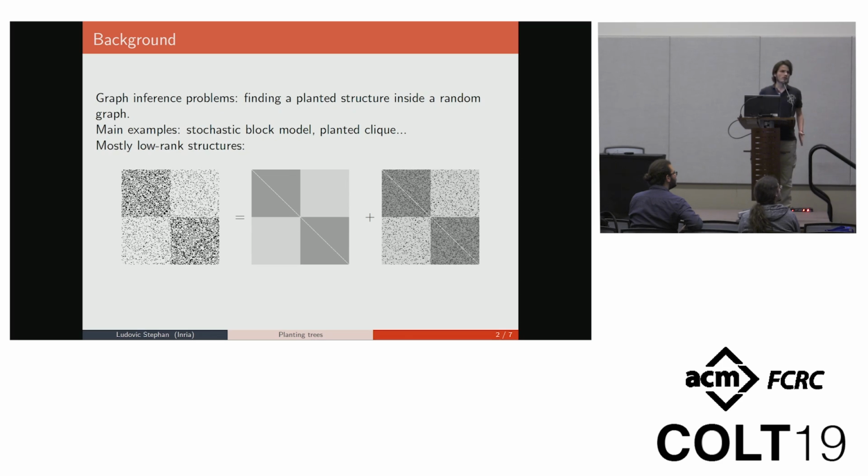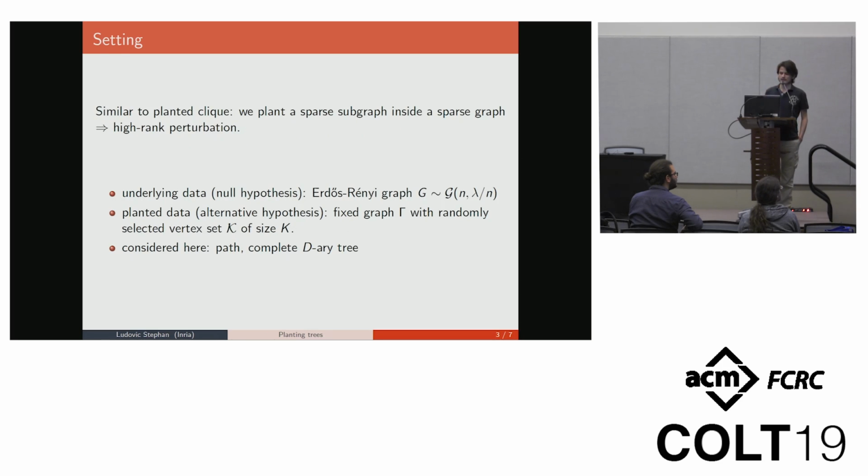So a natural question is what happens when the structure is not low rank, which is the case in our model. Instead of doing like the planted clique, which is planting a dense subgraph inside a dense graph, we are going to be planting a sparse subgraph inside a sparse graph. More specifically, under the null hypothesis, we simply observe an Erdős-Rényi graph with parameters n and lambda over n, so it's a sparse random graph.